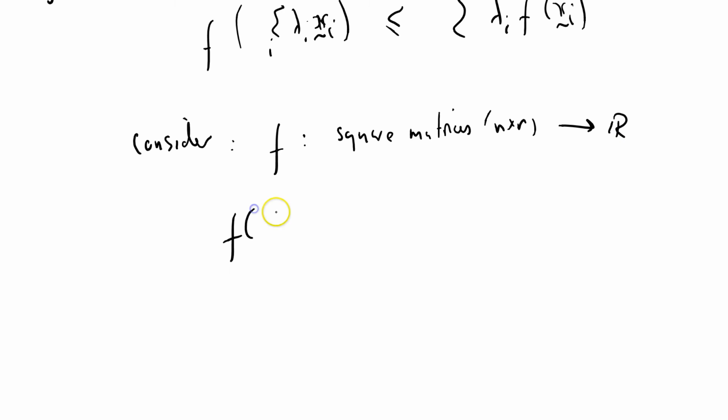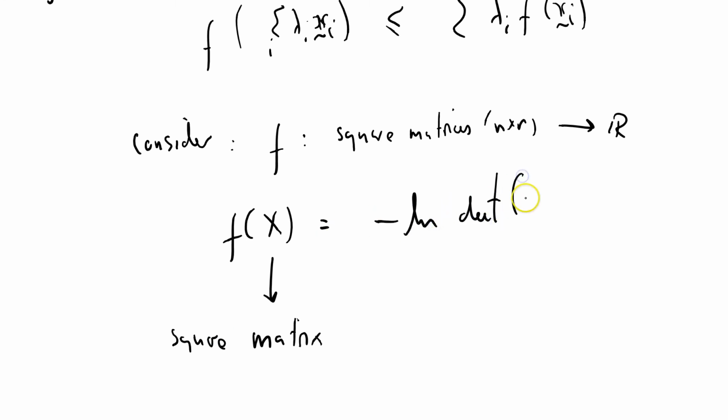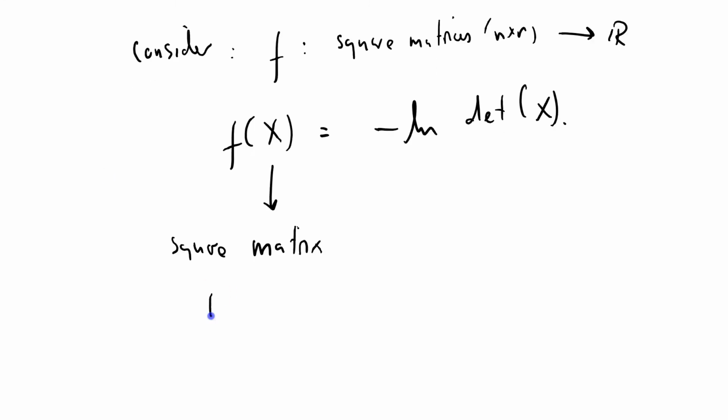I'm going to define f of x, where x is a square matrix, equals minus log of the determinant, det of x. And this is a convex function.